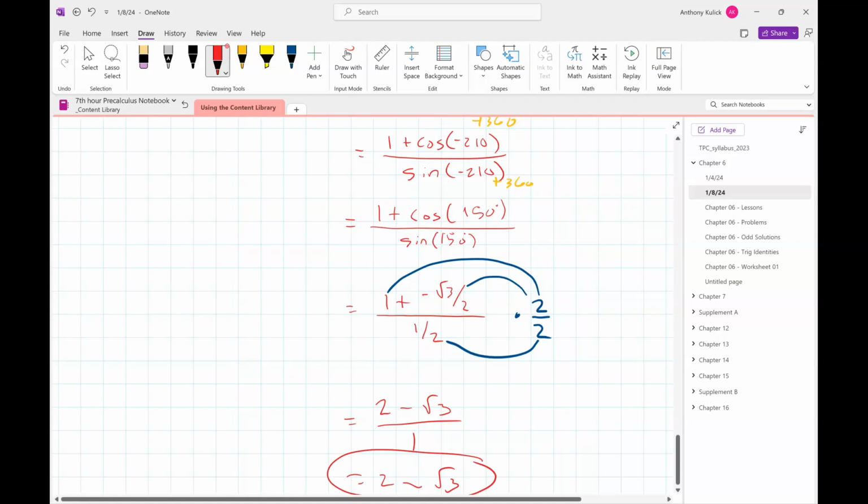Which gives me 2 minus root 3 over 1, or just 2 minus root 3.